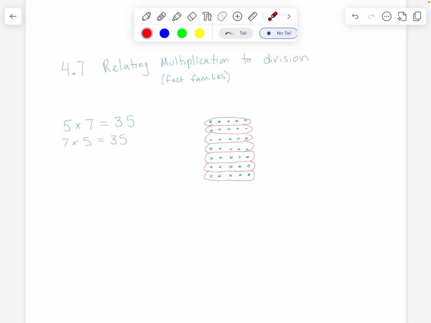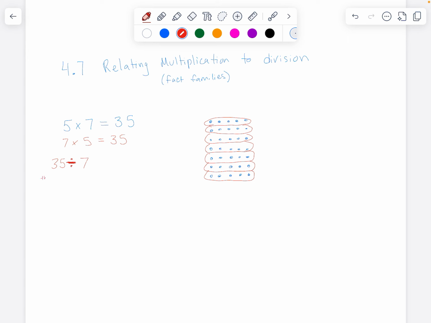So let's talk about division here. Okay, so we know that we started with 35 of these little dots. And in this picture, I shared that 35 into how many groups? 1, 2, 3, 4, 5, 6, 7. I shared 35 into 7 groups, right?